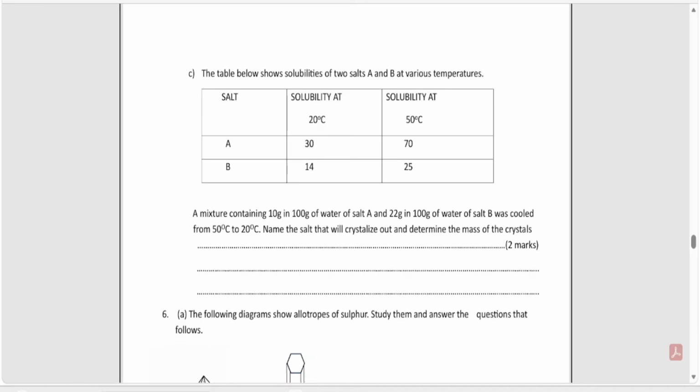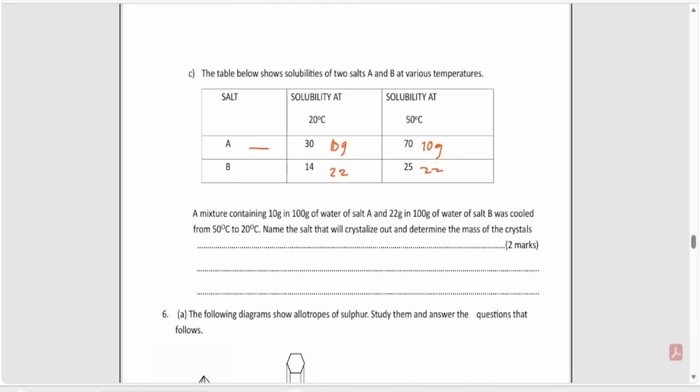We are told that a mixture contains 10 grams of A in 100 grams of water and 22 grams of B in 100 grams of water. We are told to name the salt that will crystallize out and determine the mass of the crystals.